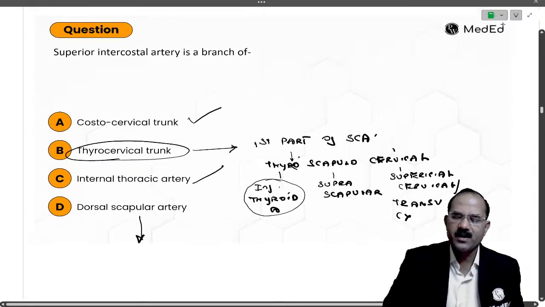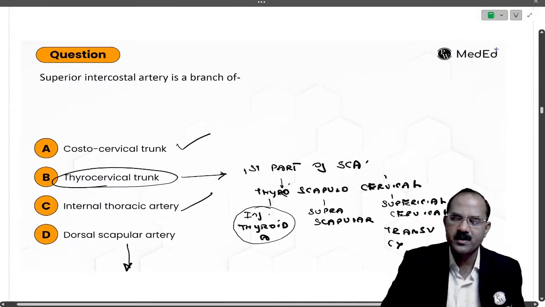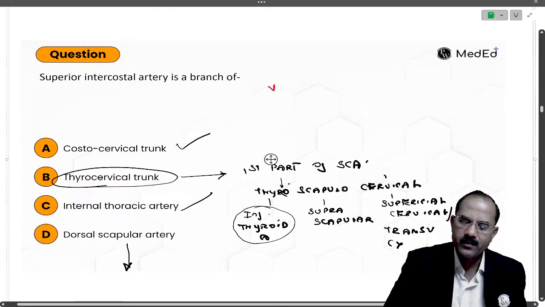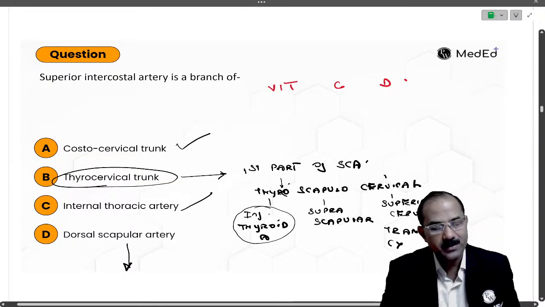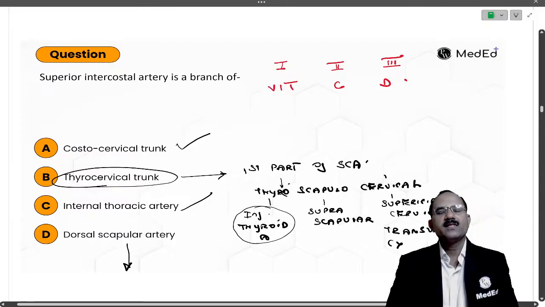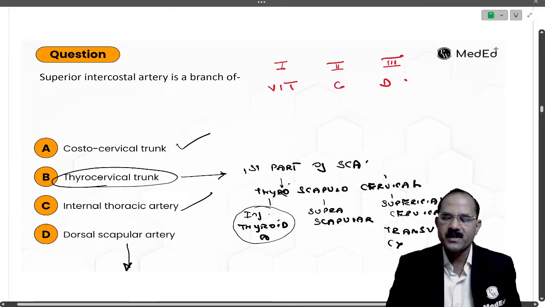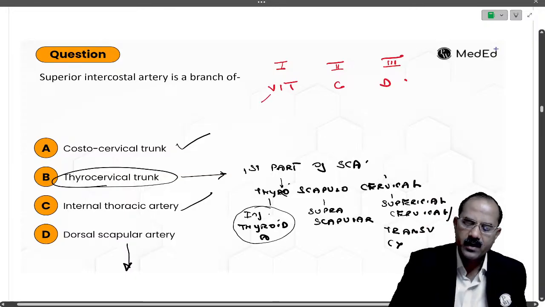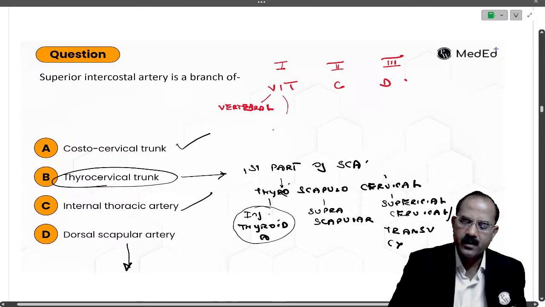Just remember, we have discussed so much about the subclavian artery. I'll tell you one very easy way. This is vitamin C, D. These are the branches of subclavian artery: VIT from the first part, C from the second part, and D from the third part. What is V? V is vertebral. I is internal thoracic.